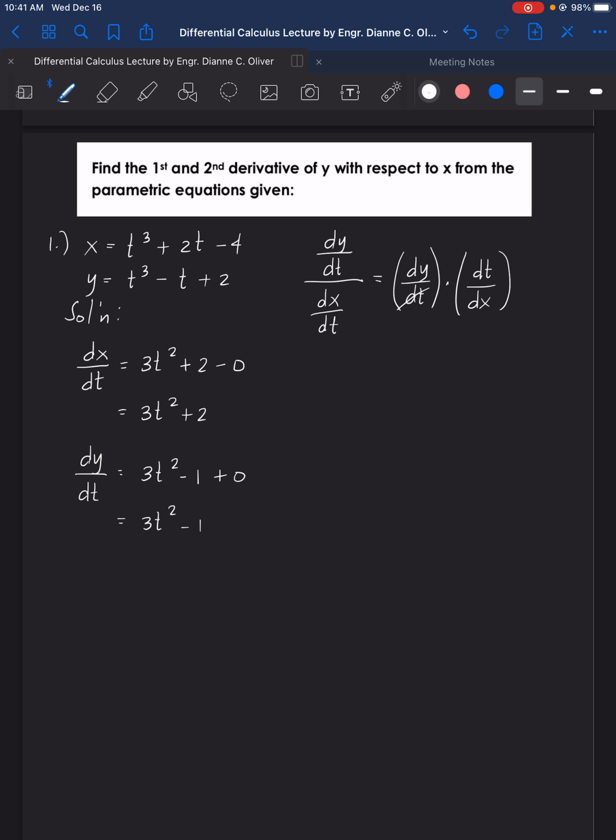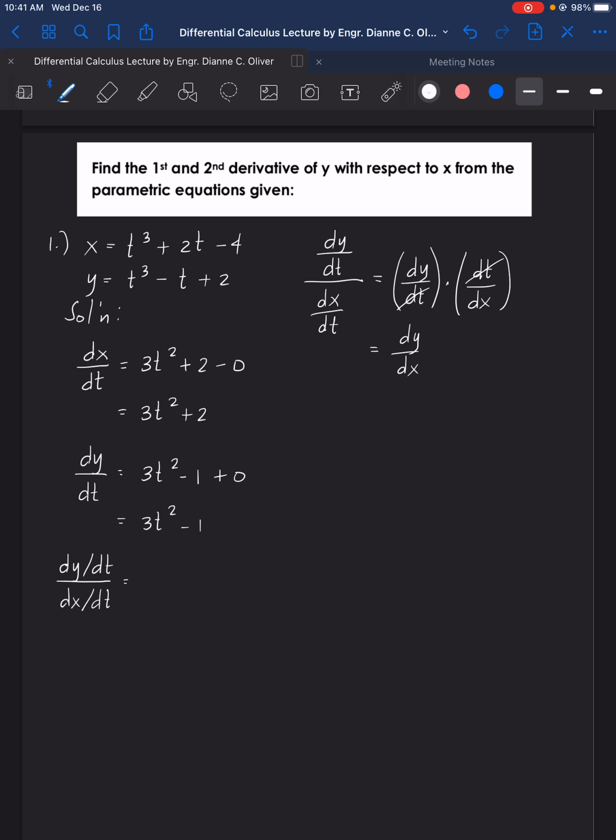If you observe, we are cancelling dt here. So what's left is dy over dx. So, having that pattern, we will also divide dy over dt divided by dx over dt.